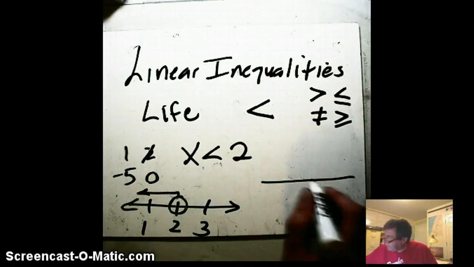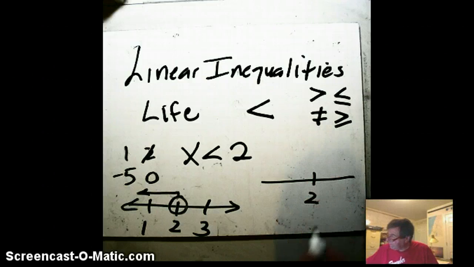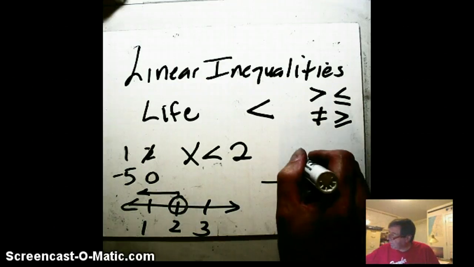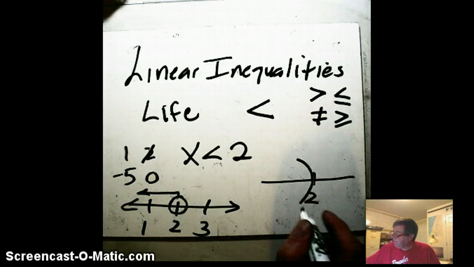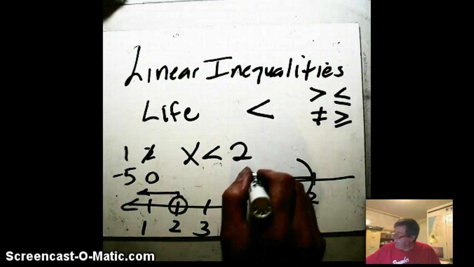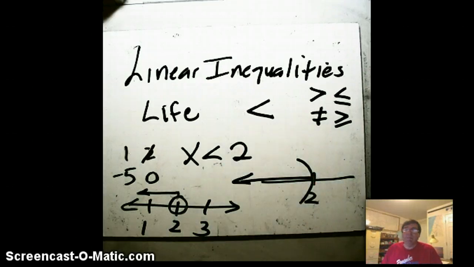Same thing. Here's the number line, and here's that 2. If I want to show everything to the left, not including the 2, I use a parenthesis for not including, and then I show an arrow going to the left. How do I write that in interval notation?